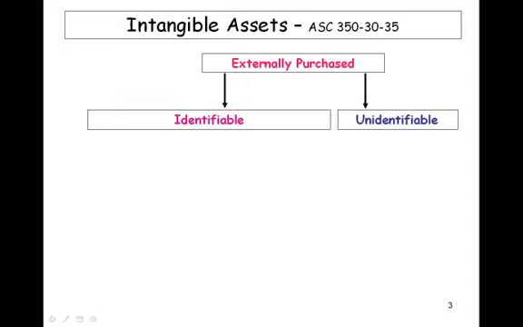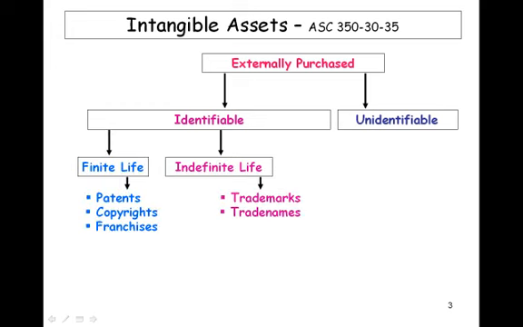Let's spend some time looking at intangible assets. Intangible assets can be separated into two categories. The first is externally purchased intangible assets. Likewise, this can be separated further into identifiable and unidentifiable. Identifiable intangible assets consist of those with a finite life and indefinite life.